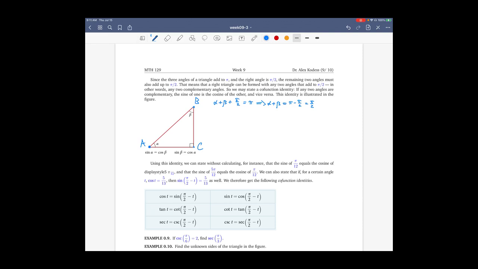On the other hand, let's say work with angle alpha for a second. If I want to write the value for sine alpha, sine being the ratio of the opposite leg over the hypotenuse, and in my triangle opposite to alpha is the leg BC, hypotenuse is AB, so I get the ratio BC over AB.